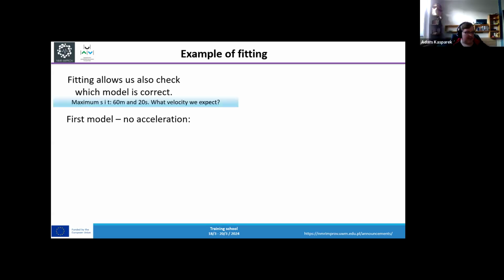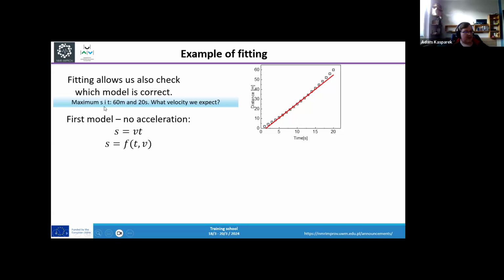Okay, so one more time. If the maximum distance is 60 meters and the time is 20 seconds, what velocity do we expect? We expect a velocity around 3 meters per second.